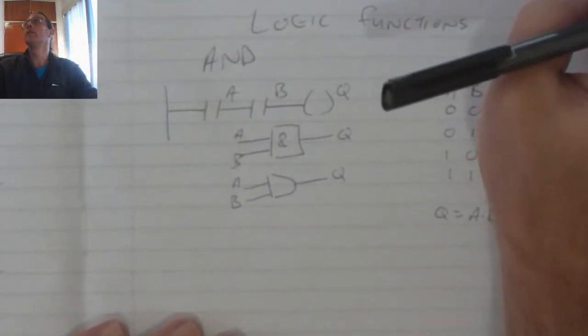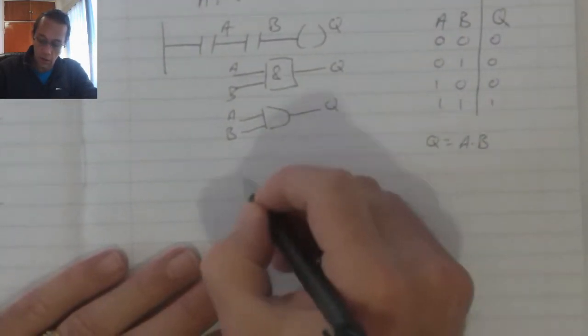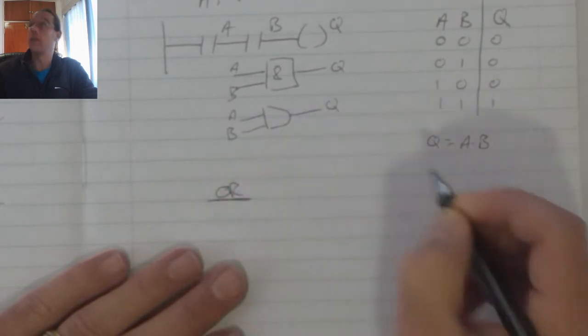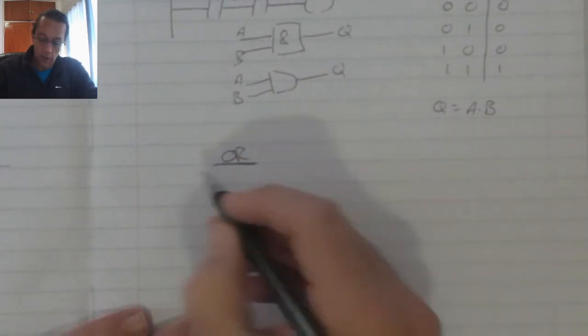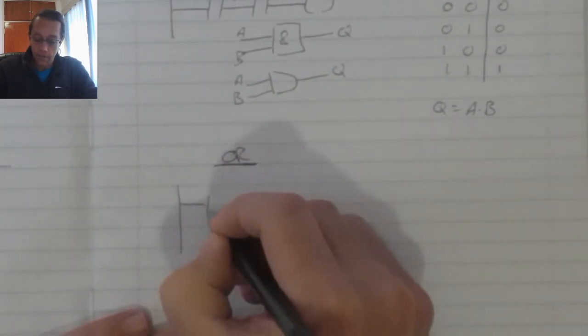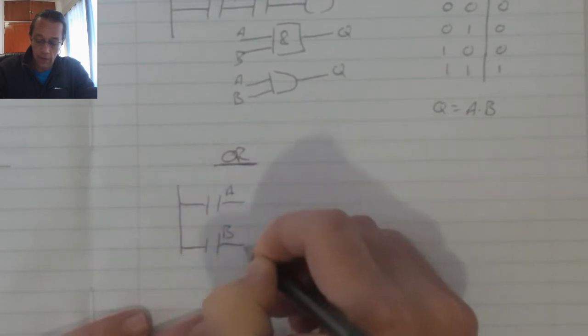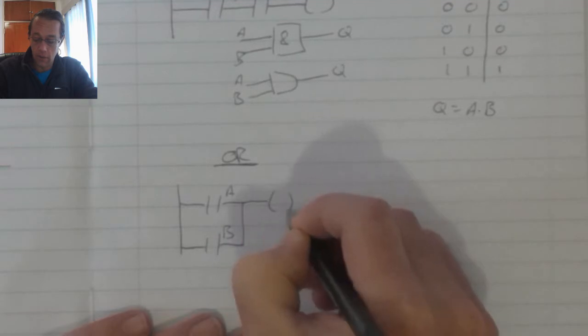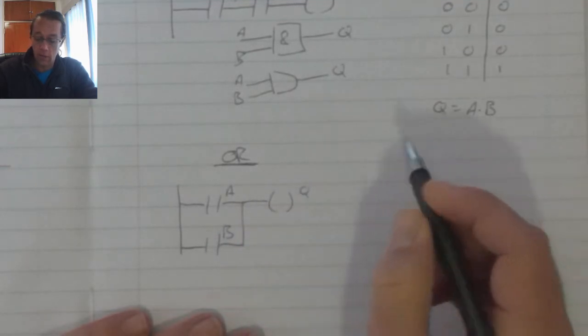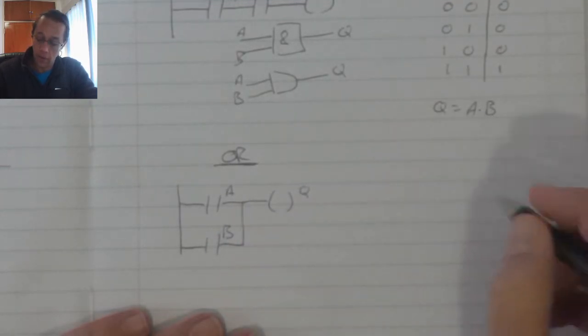The next function is the OR function. Ladder diagram: A and B are connected in parallel with each other, and we've got Q on the output.